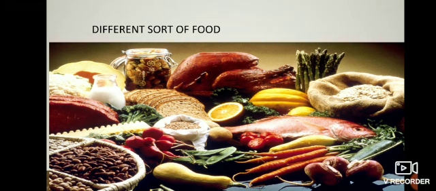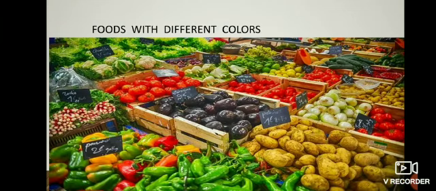If I ask a question, in what ways they are different, then what you say? You can say that they are differing in their shape, size, and then texture, and then its taste. So mainly its taste is different.